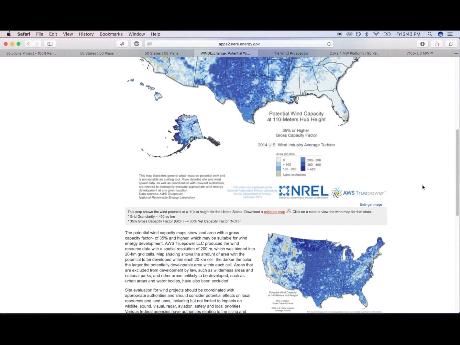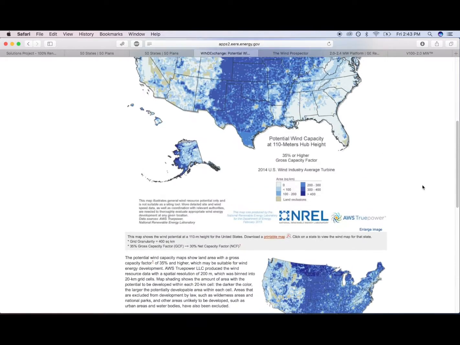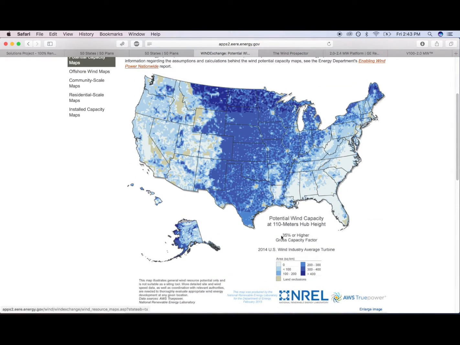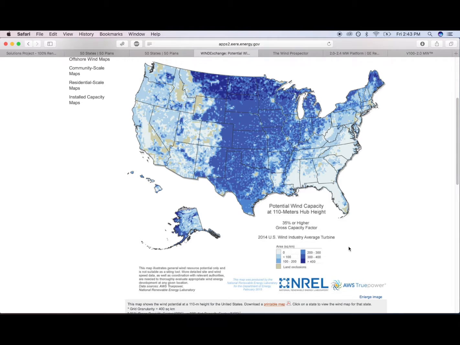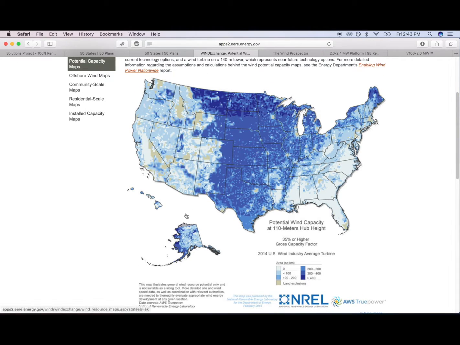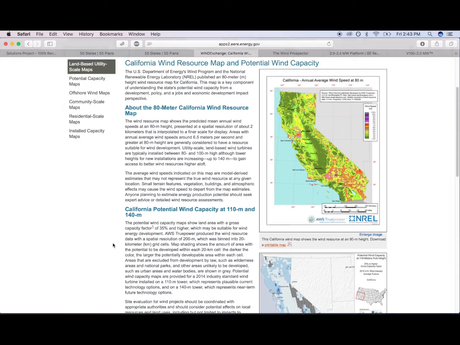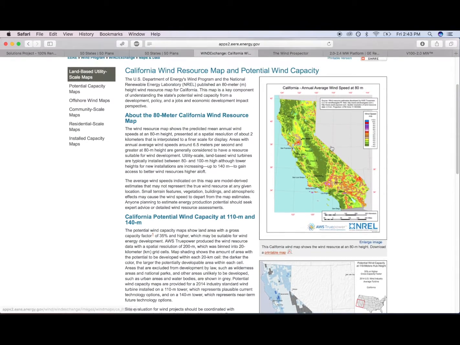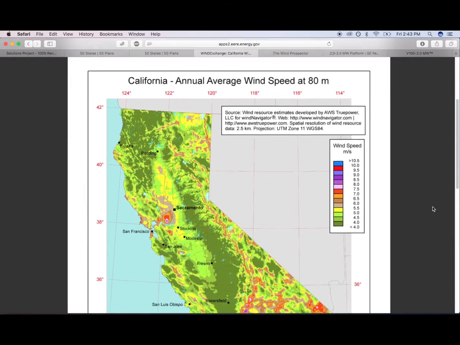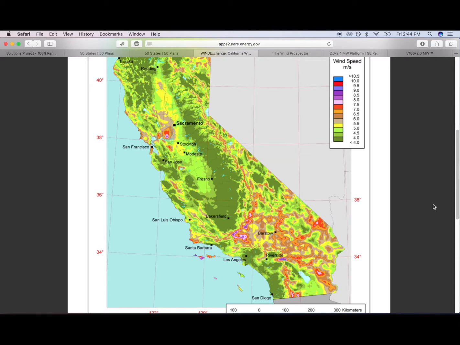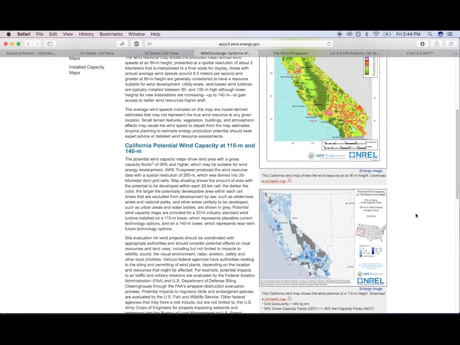From there, this will give you a national overview, but if you're more interested in your state, then you can click into your state. I'll do California because it has a lot of offshore and on-land resources. This is going to give you a couple of very detailed maps of your state and where the best wind resources are.